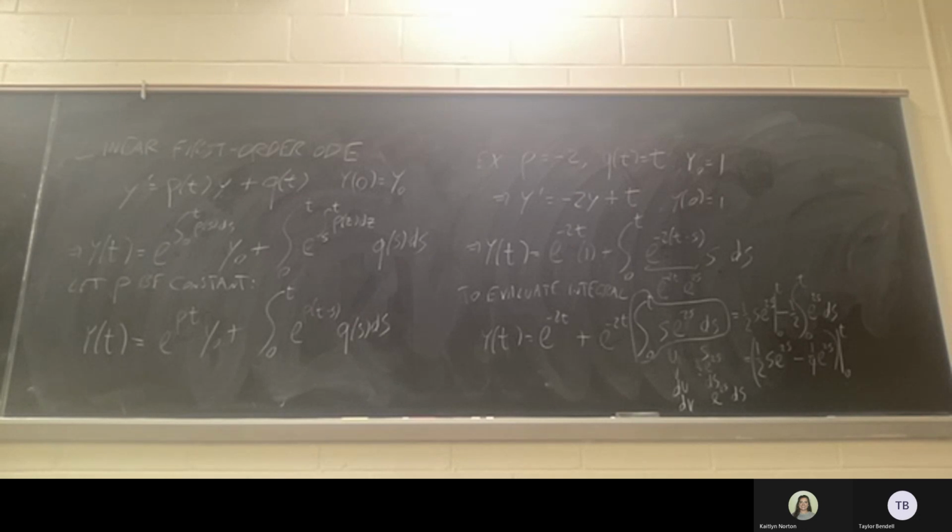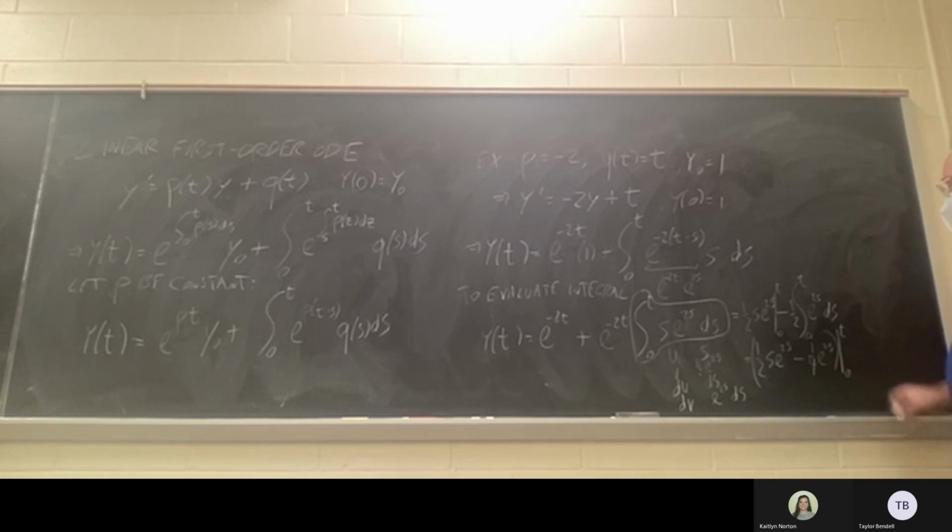Okay, so I think just 1/2 e to the 2s minus 1. Yes, okay. So, a question about any of that? Actually, what I can do now is plug in the limits.